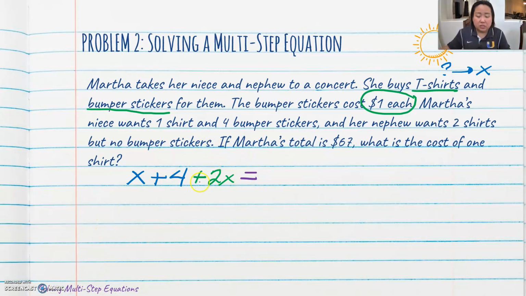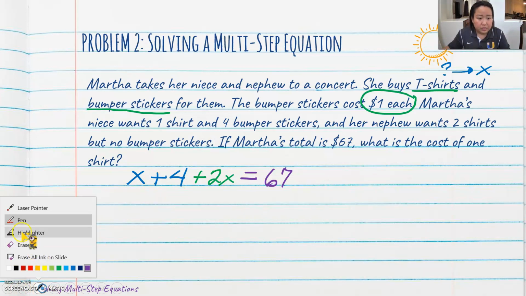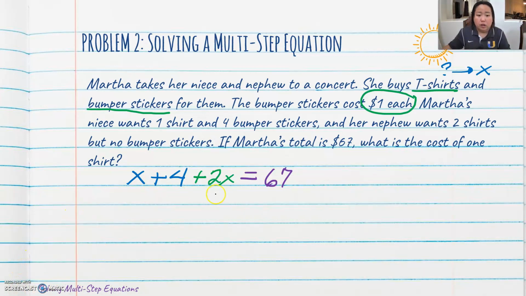So these are the items that were bought, and they cost a total of $67. We need to find how much the shirts are. This is an example of a multi-step equation wherein the first thing we have to do is combine the like terms. So we end up with 3x plus 4 equals 67.